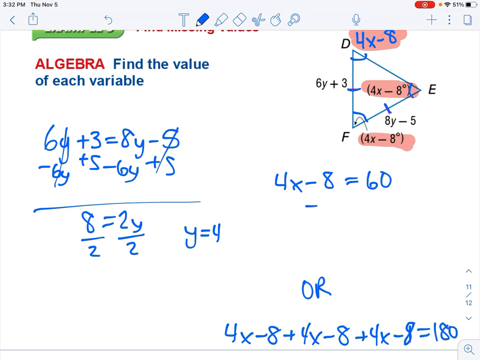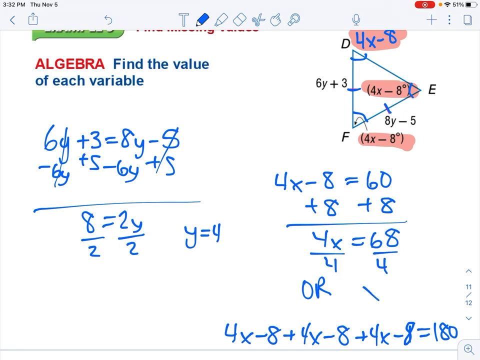You'll get the same solution for x. I think it's easier to do the top way, so I'm going to solve like that. So we get x equals 17. If you plugged it back in, that would get you 60 degrees for all 3 of those.